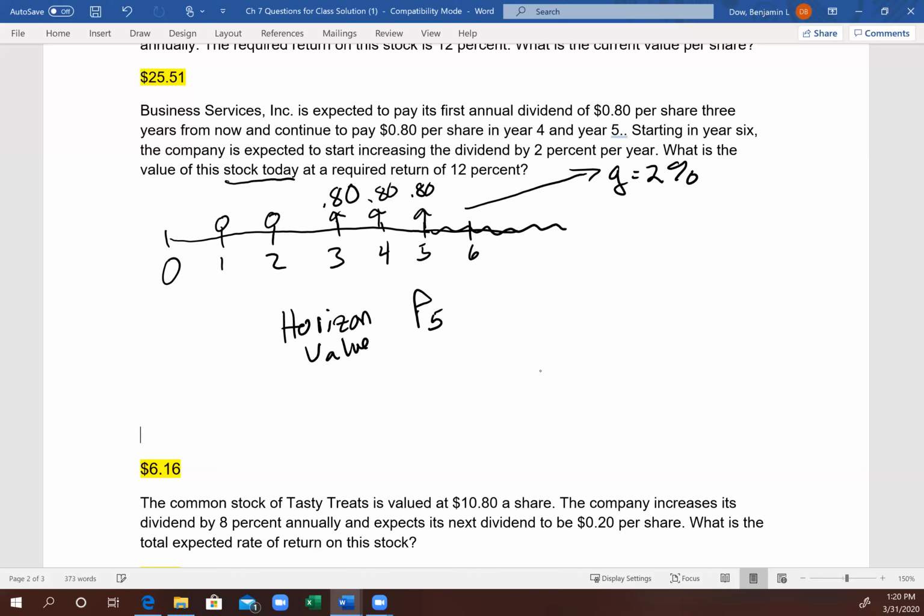The horizon value is the price at the beginning of when the growth is occurring, which is the beginning of year 6. But remember, the beginning of year 6 is the same as the end of year 5, so we write it as P5. So P5 is going to be equal to D6 divided by R minus G. Now, I don't know D6, but I know D6 is equal to D5 growing at 2%.